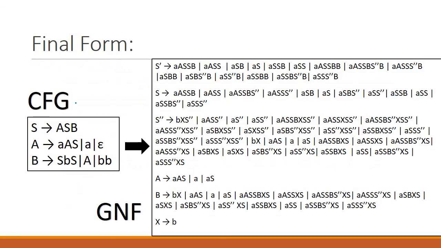production rules, and finally we can say that the initial CFG, which was S produces AB, and A is producing AS and A epsilon, and B produces SBSA and BB, can be converted into lots of productions, but every production you can see starts with a terminal.